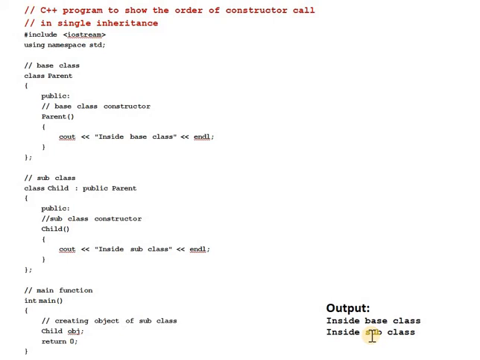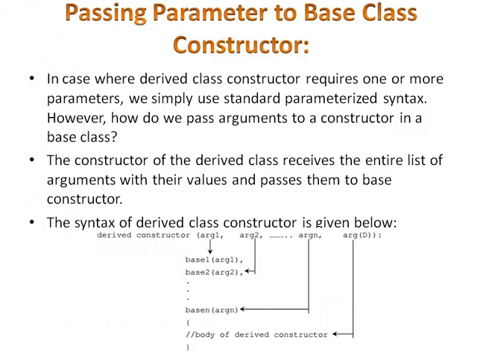This is the order of calling constructors in the inheritance concept. This is about constructors used in derived classes. The second point we want to remember is passing parameters to the base class constructor.